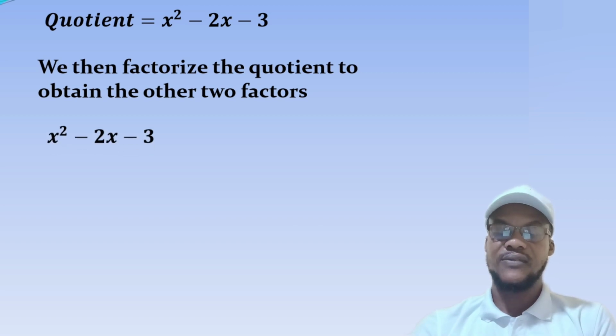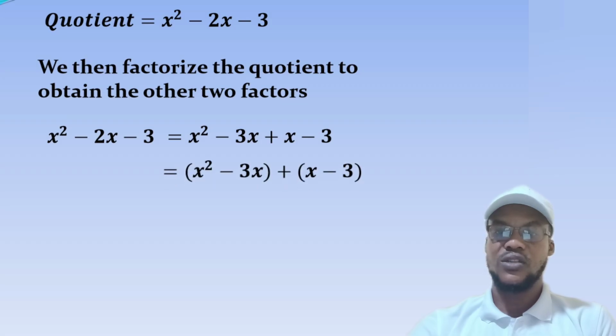If we are to factor, then how do we do it? For the factorization method, this is what you are going to get. If we expand this, we are getting x squared minus 3x plus x minus 3. That is x squared minus 3x in one bracket plus x minus 3 also in one bracket.